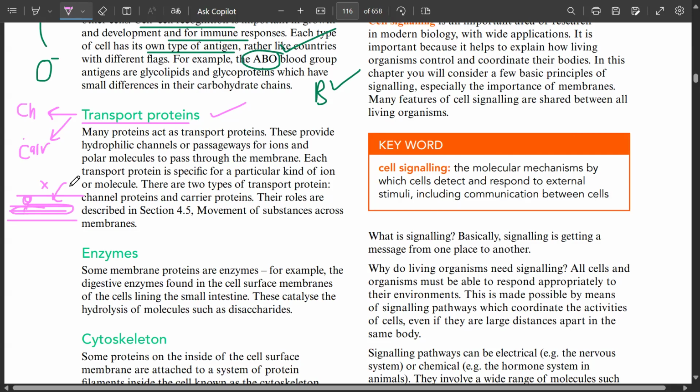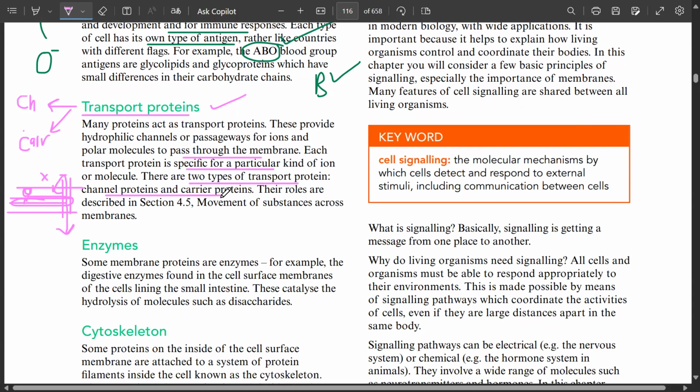So that is why we have certain transport proteins in order to let those water soluble substances in. We provide those ions a passageway to pass through the membrane and enter the cell. Each transport protein is specific for a particular kind of ion or molecule, and there are a total of 2 types of transport protein, channel and carrier.